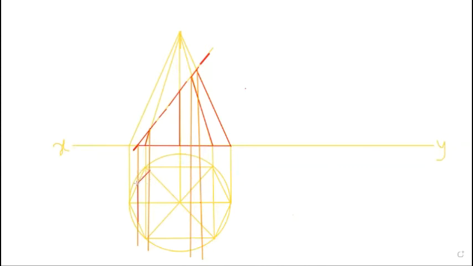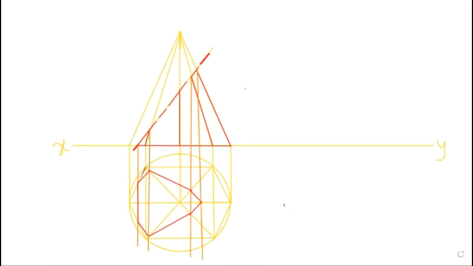Then join with this, then this. And also the hexagon, this part will be removed.